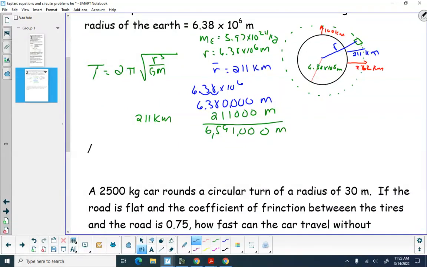So we have 2 pi times the square root of a bunch of really big numbers: 6,591,000 cubed over G, which is 6.67 times 10 to the... is it the 28th or 24th?